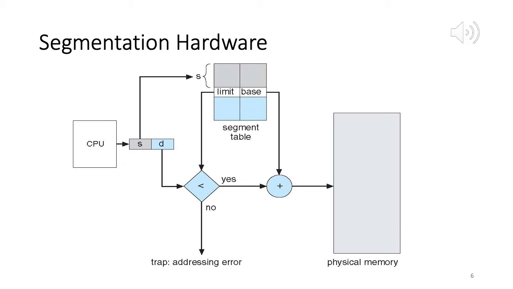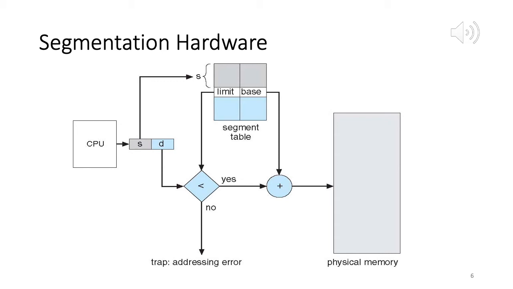The same is the concept of offset over here. Once you get the base address, you just add the offset to it, and you get the individual byte you are looking for in the physical address.